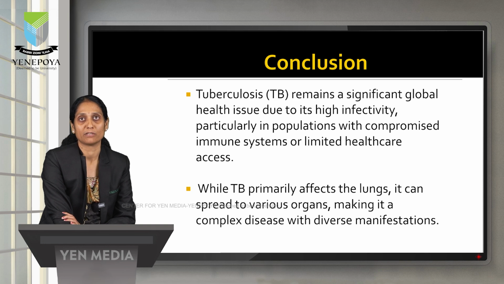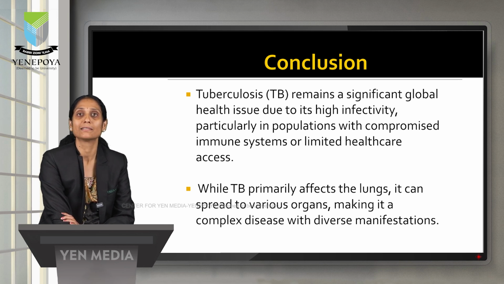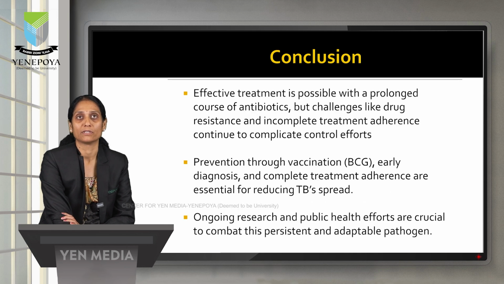So, to conclude, tuberculosis remains a significant global health issue due to its high infectivity, particularly in populations with compromised immune system or limited healthcare access. While tuberculosis primarily affects the lungs, it can spread to various organs, making it a complex disease with diverse manifestations.